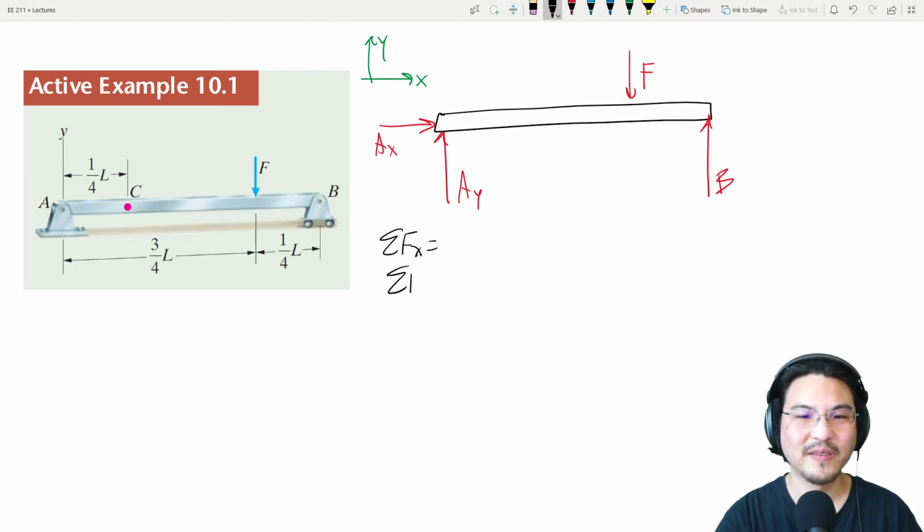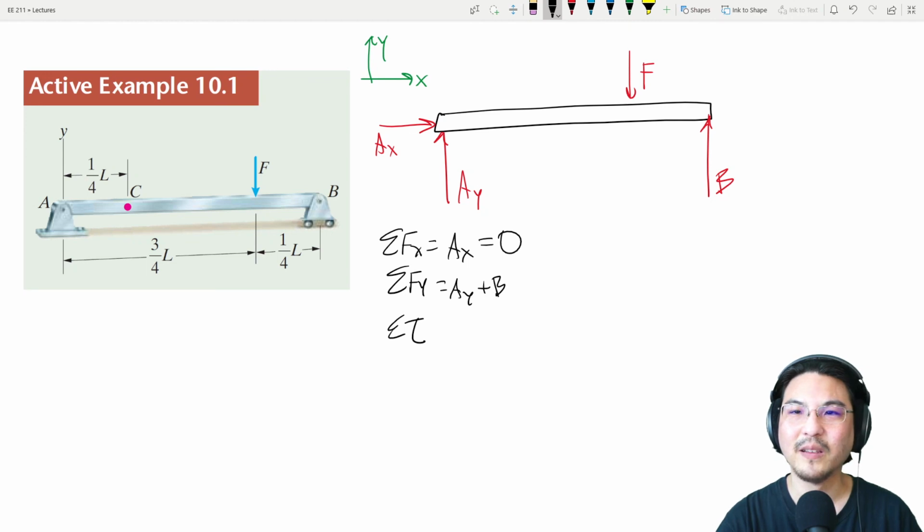Some forces in X, some forces in Y, some torque about somewhere clever. In the X direction, we have AX and nothing else. Y direction: AY plus B minus F. That's it. Let's sum torque about wherever we want.